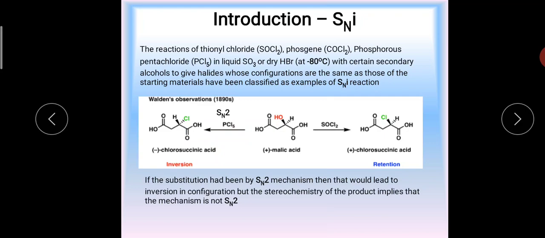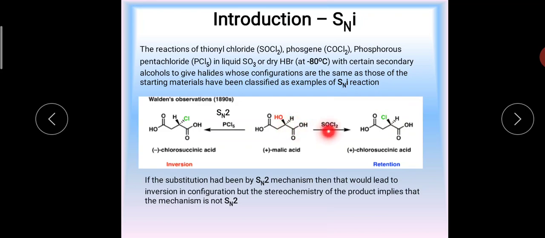Okay, but when he was working with plus malic acid, he observed that when this particular reaction is carried out in presence of thionyl chloride or phosgene or PCl5 in liquid SO3 or dry HBr, the product that is obtained is not with an inversion in configuration but with a retention in configuration.